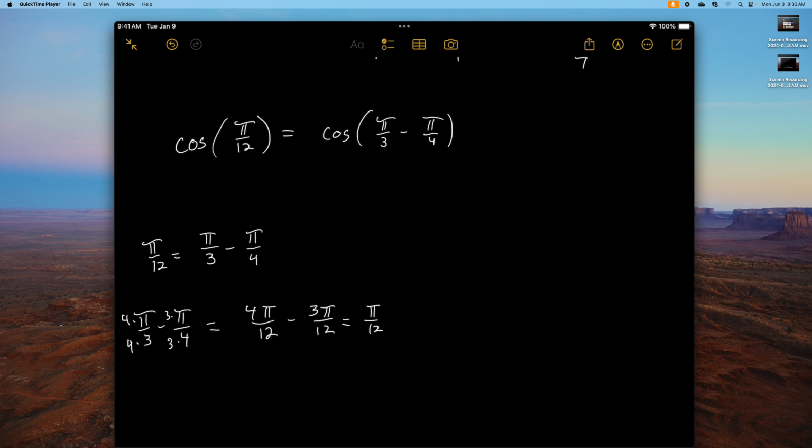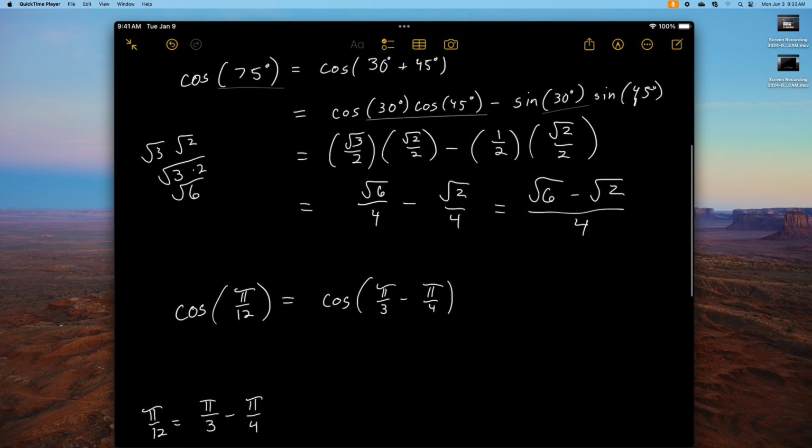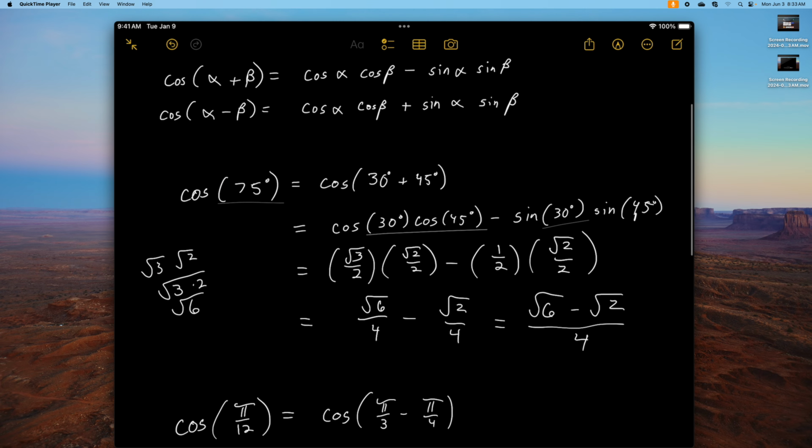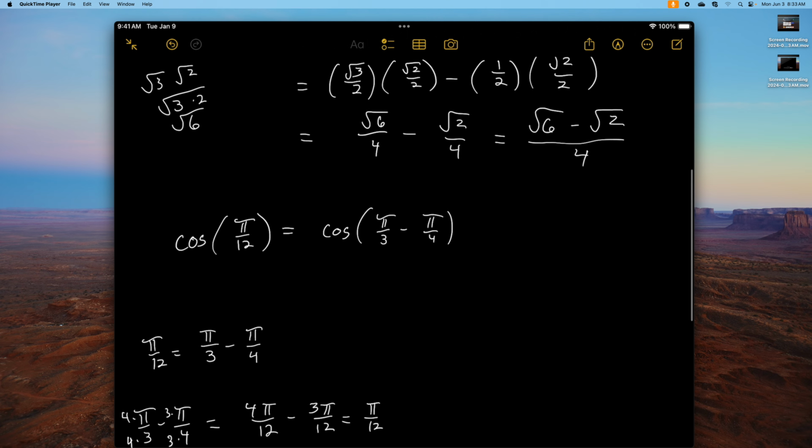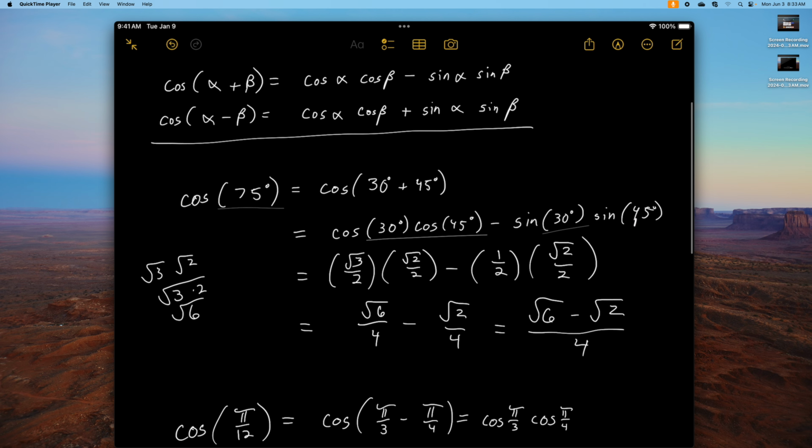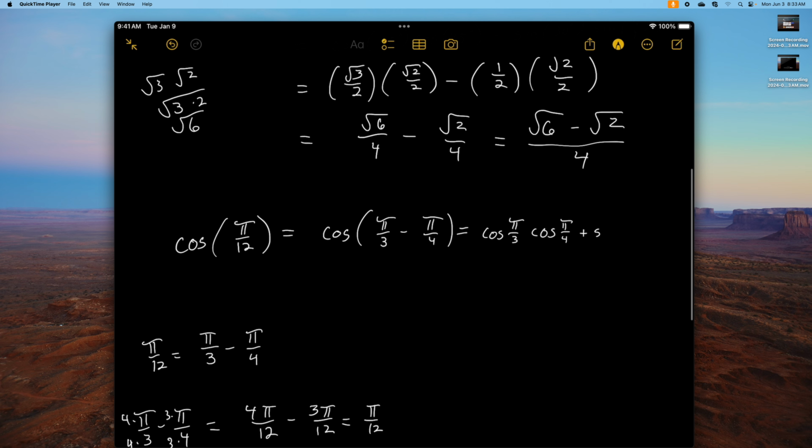Okay, so if we do the difference, which is the second formula there, we can do cosine of pi over 3, cosine of pi over 4, plus sine of pi over 3, sine of pi over 4. Again, we can go back to the unit circle.